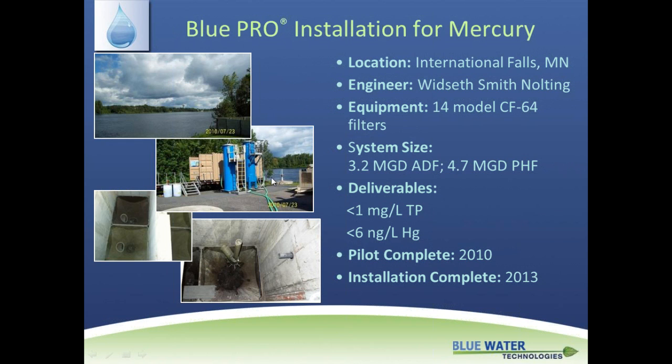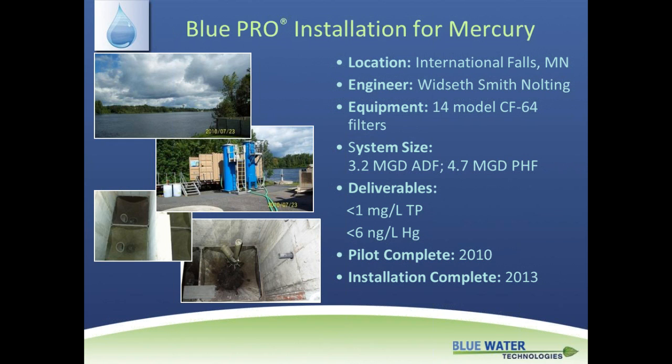This was one that started with a pilot system operation back in 2010 and proved it out really well. They were able to push up to a 6 nanogram per liter mercury limit on their discharge permit. And obviously to meet that and maintain it, they're going to have to really essentially get to non-detect, which is below 1 nanogram per liter.